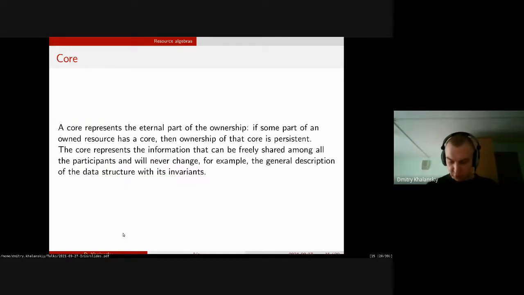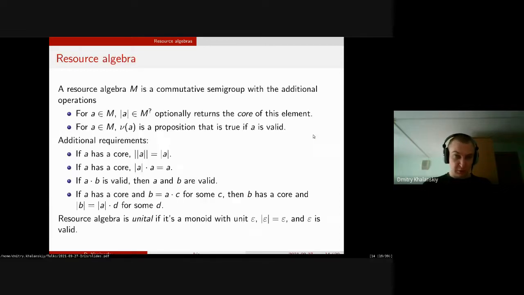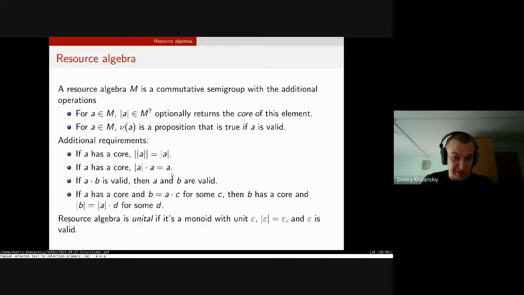What is the core? A core is the eternal part of the ownership. If some part of a known resource has a core, then ownership of the core is persistent. We can take a look at the definition to ensure that it does make sense.